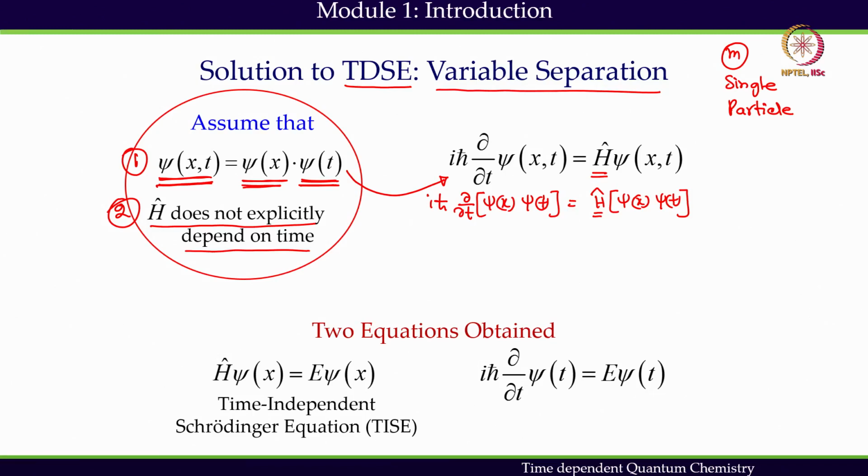What we are assuming is that the Hamiltonian is time independent, and because it is time independent, I will be able to take the time dependent part out of this Hamiltonian operator, which acts only on the space dependent wave function.